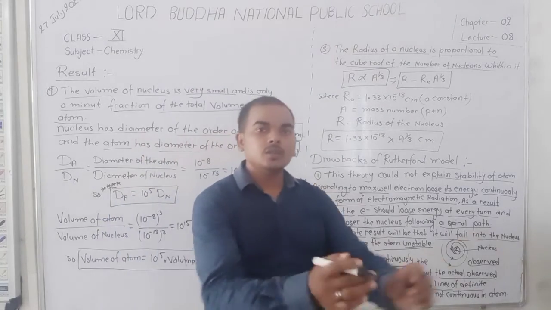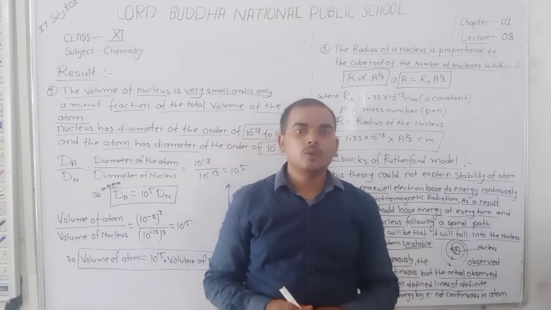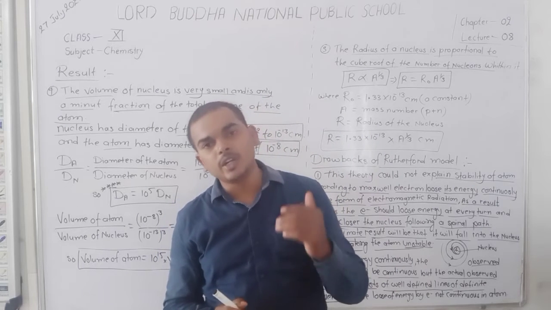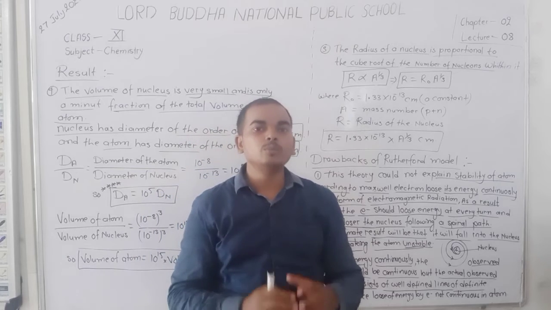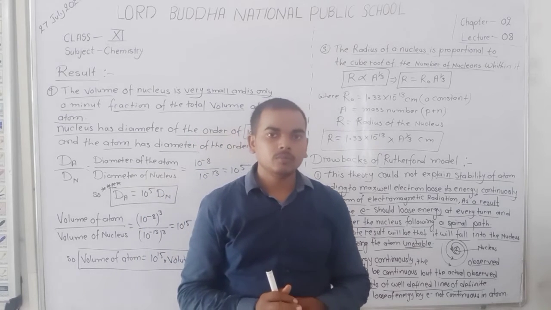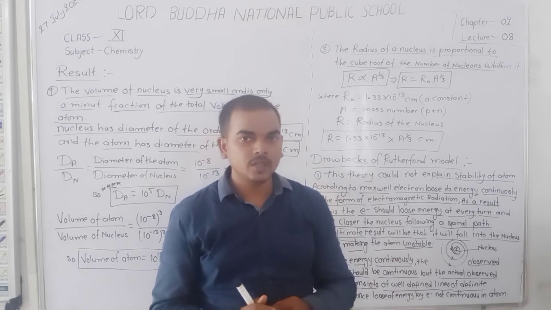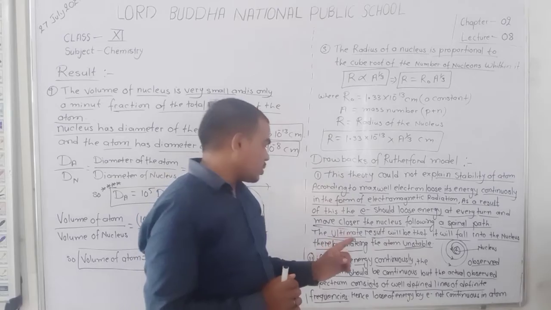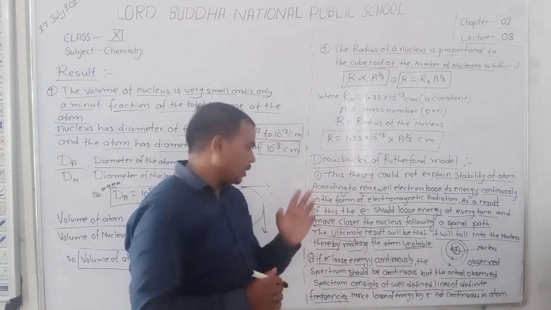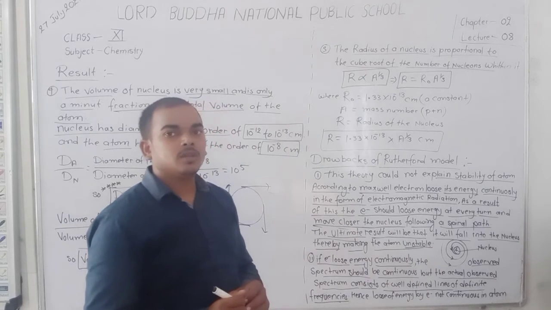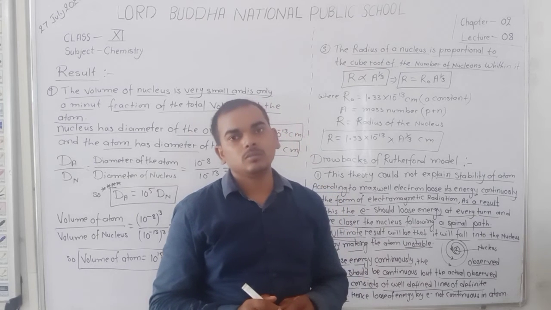Dear student, according to Maxwell, if a charged particle revolves around the nucleus, it loses its energy continuously and makes a continuous spectrum. But in the case of an atom, the actual observation is that well-defined lines with definite frequencies are obtained. It means in an atom there is no continuous spectrum.